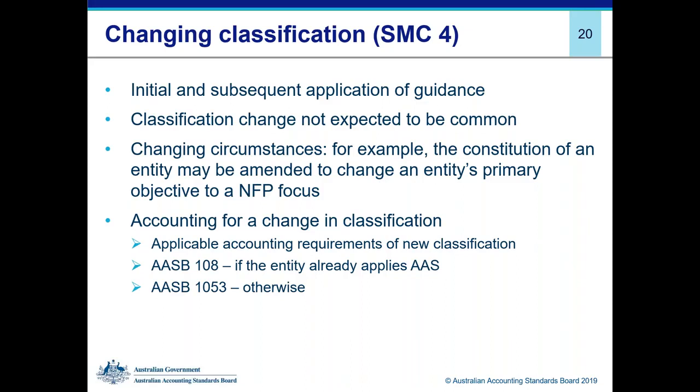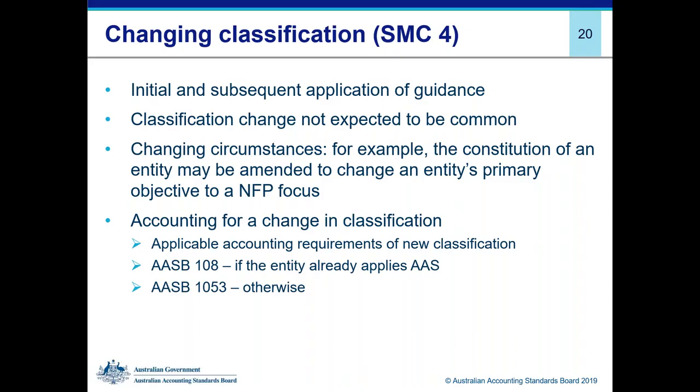The alternative could be if the entity in its most recent financial statements did not comply with Australian accounting standards, whether Tier 1 or Tier 2, in which case AASB 1053, the application of tiers of Australian accounting standards, would be relevant. AASB 1053 covers two distinct cases.